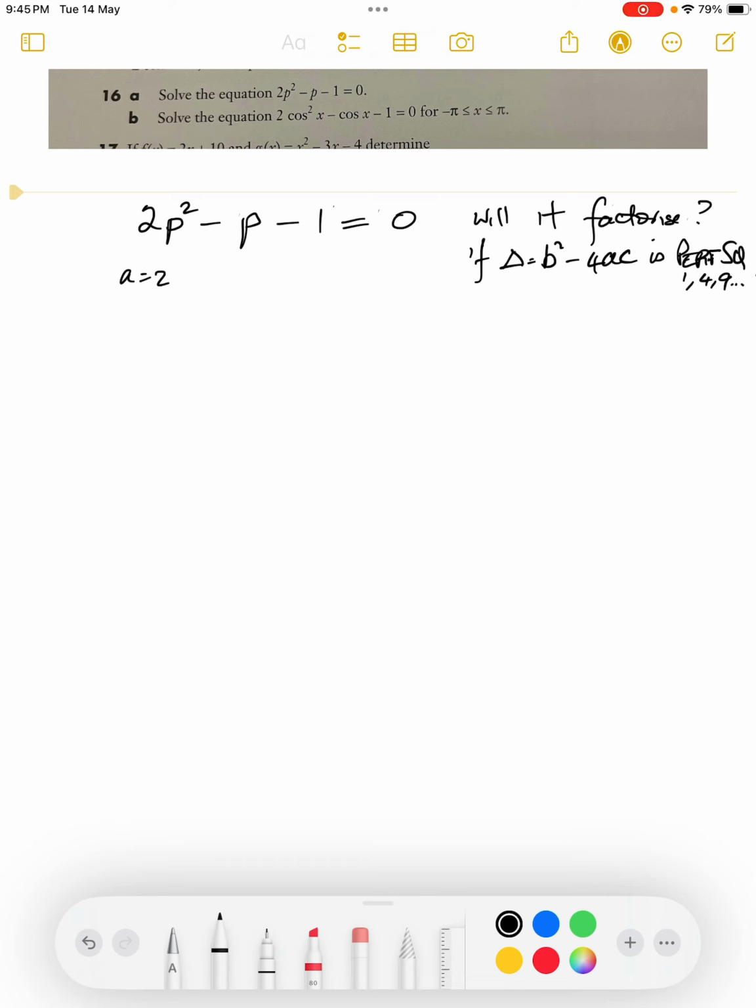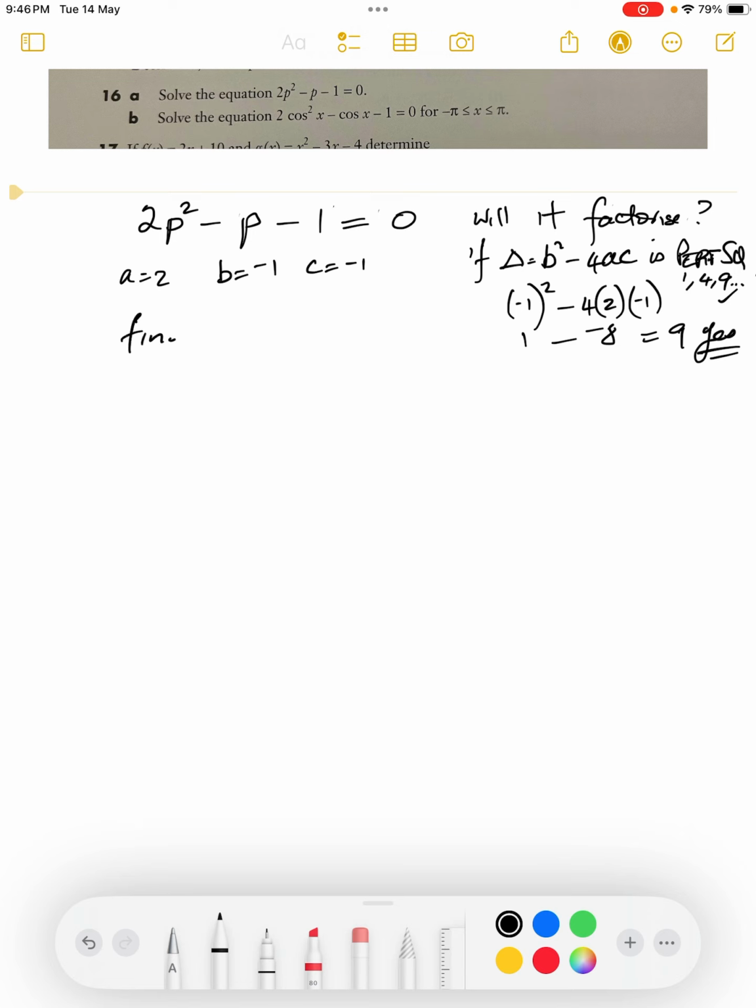A is 2, the coefficient of p squared, b is negative 1, c is negative 1. So let's do this. B squared, negative 1 squared, minus 4 times a times c. So 1 minus 4 2s are 8, that's a negative 8. That makes 1 plus 8 equals 9. Yes, it will factorise because that's a perfect square.